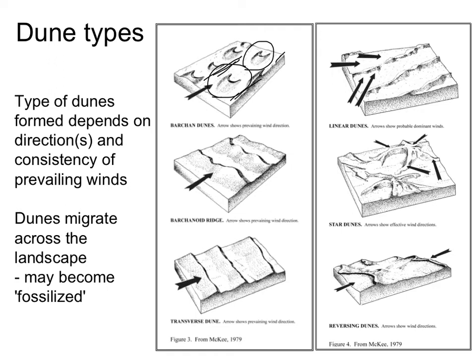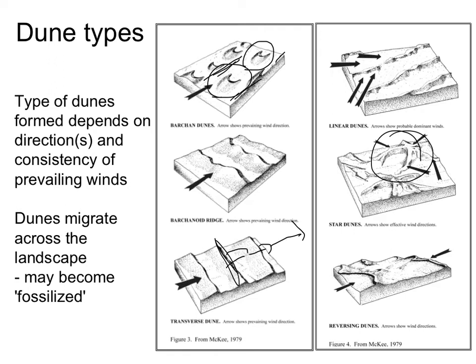But depending on the consistency, the directionality of the wind, the source material, you can have everything from these transverse ridges that just kind of march along the landscape to very complicated structures where sand gets piled up in different directions because of winds coming from different directions at different times.